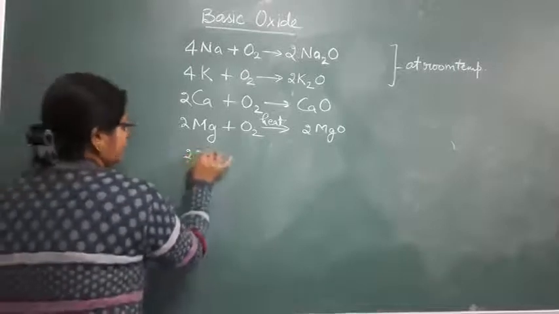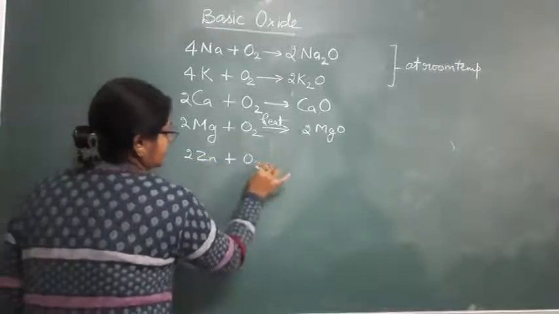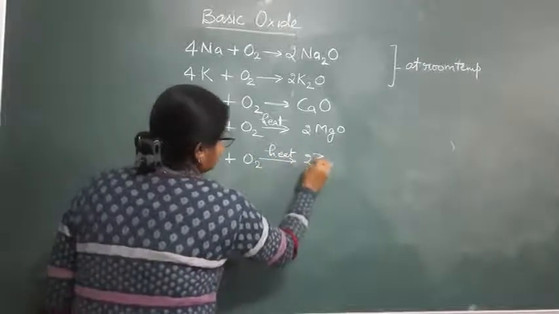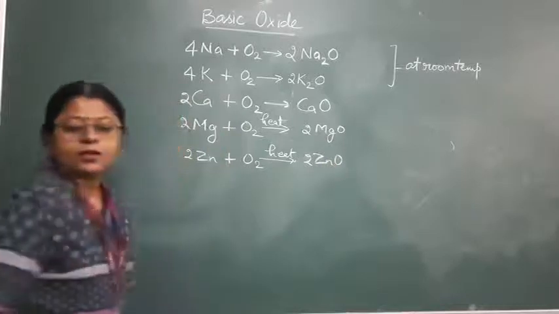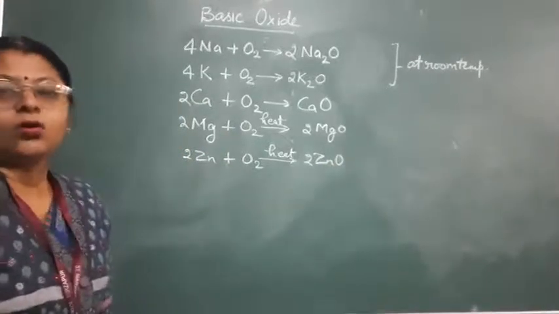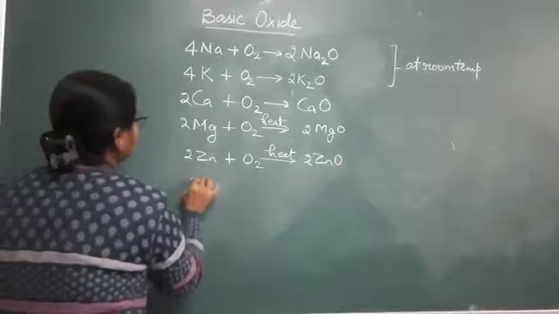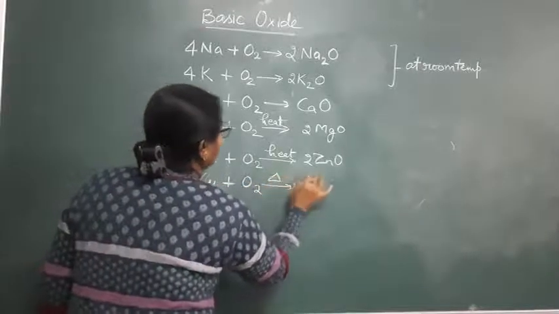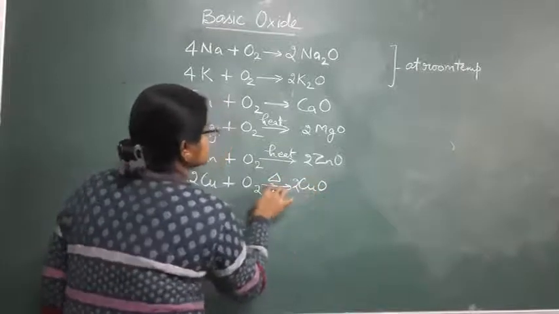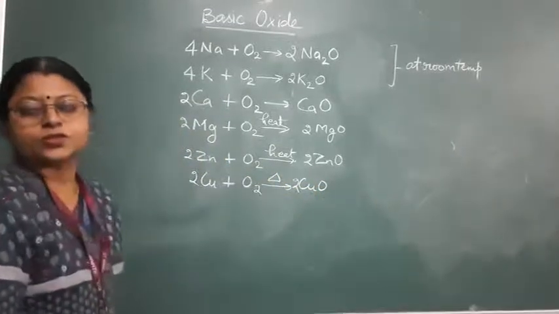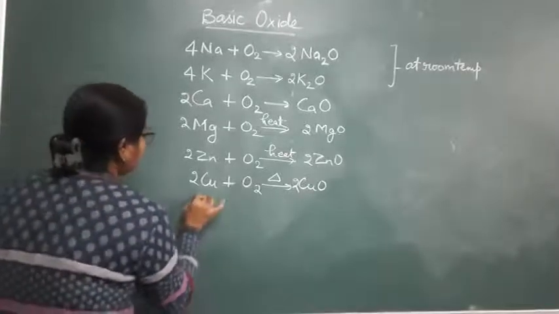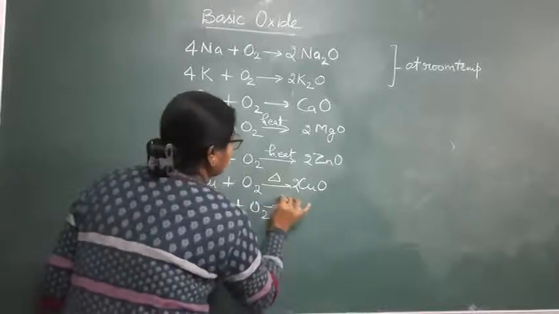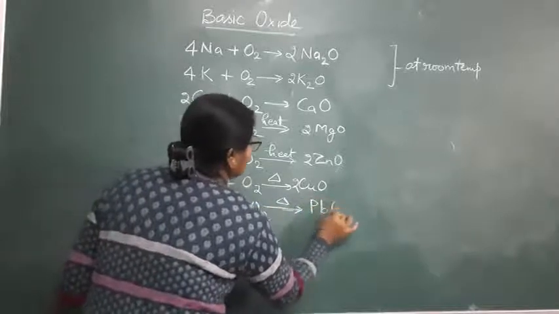Similarly, zinc, when it reacts with oxygen on heating, forms zinc oxide. Copper also, on heating, forms copper oxide. This is the symbol of heat; triangle is the symbol of heat. Lead, Pb plus O2 on heating, forms lead oxide.